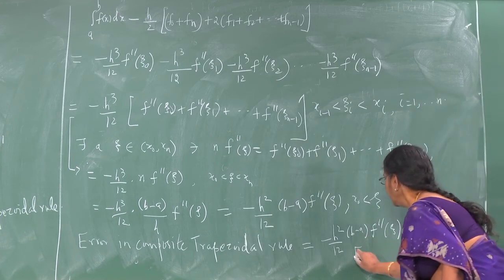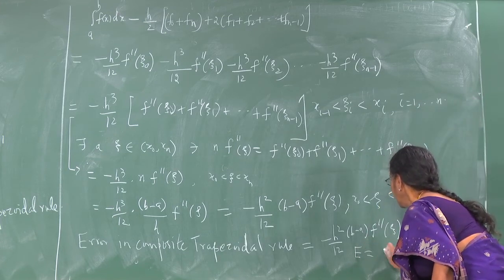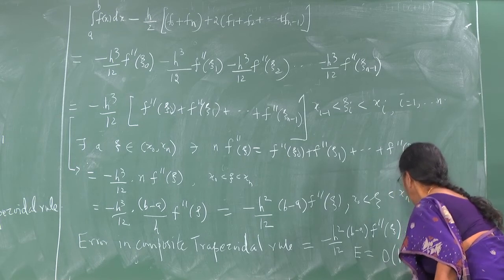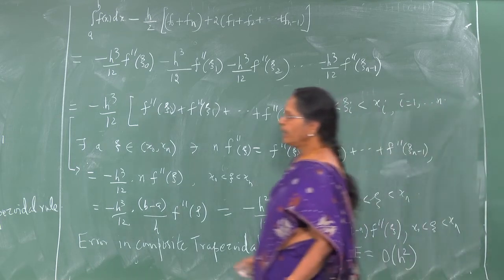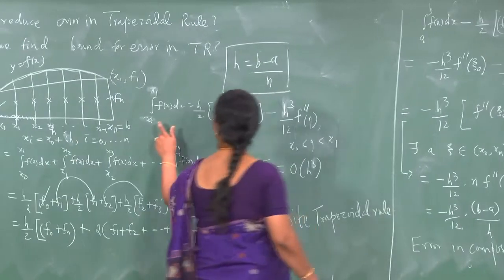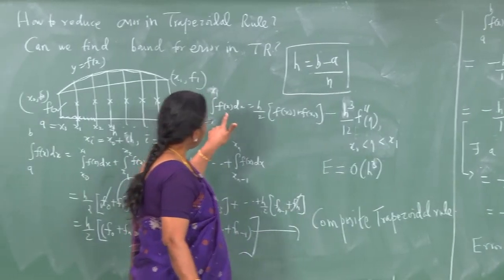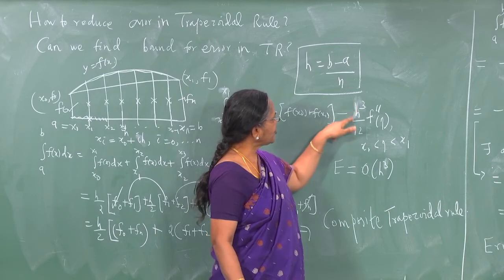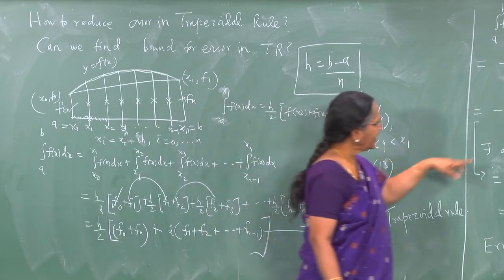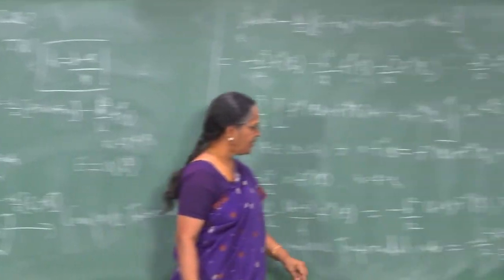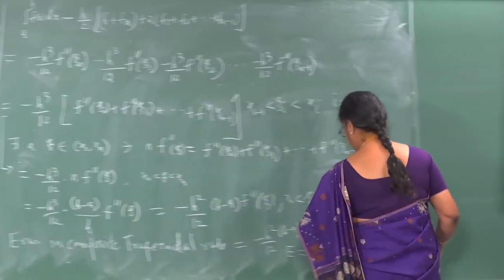So, we observe that this error is of order of h square, while the error in trapezoidal rule is of order of h cubed. The error in composite trapezoidal rule is of order of h square.